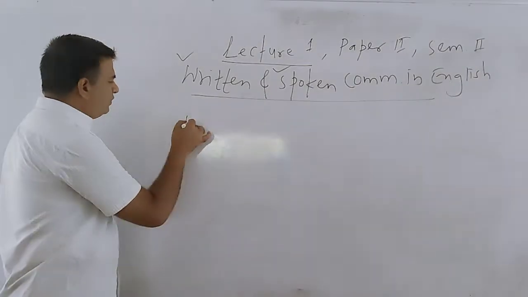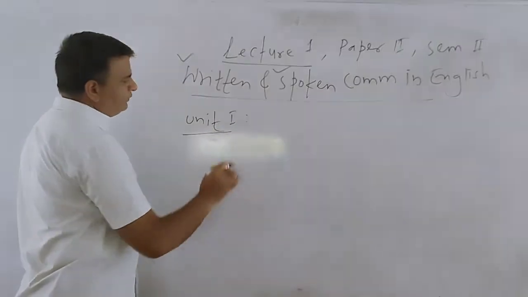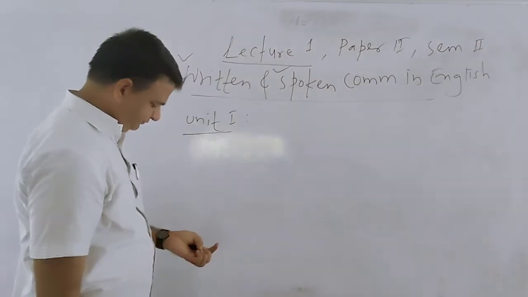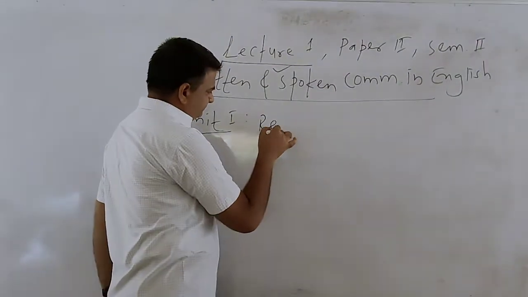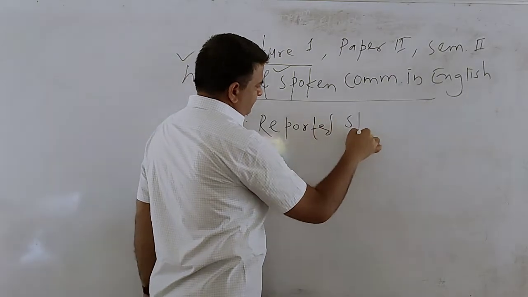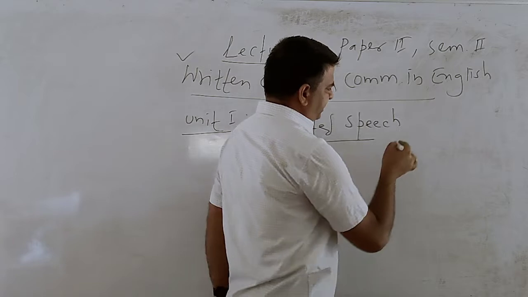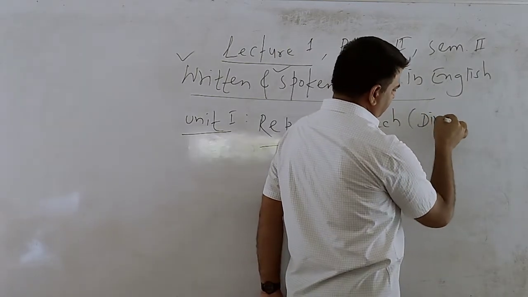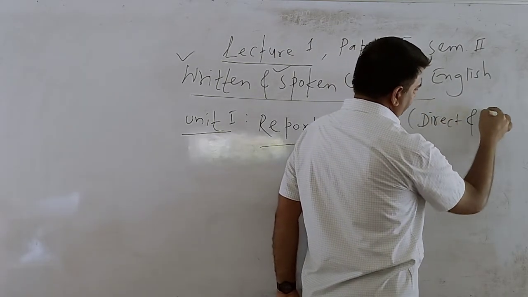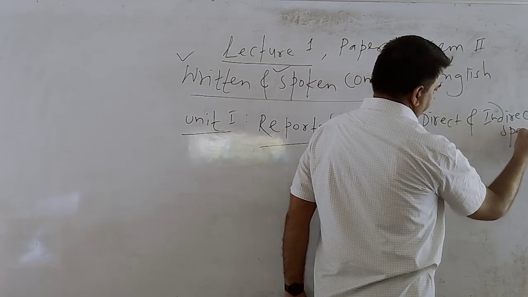So we have unit 1, that is reported speech. Reported speech means you might have heard direct and indirect speech.